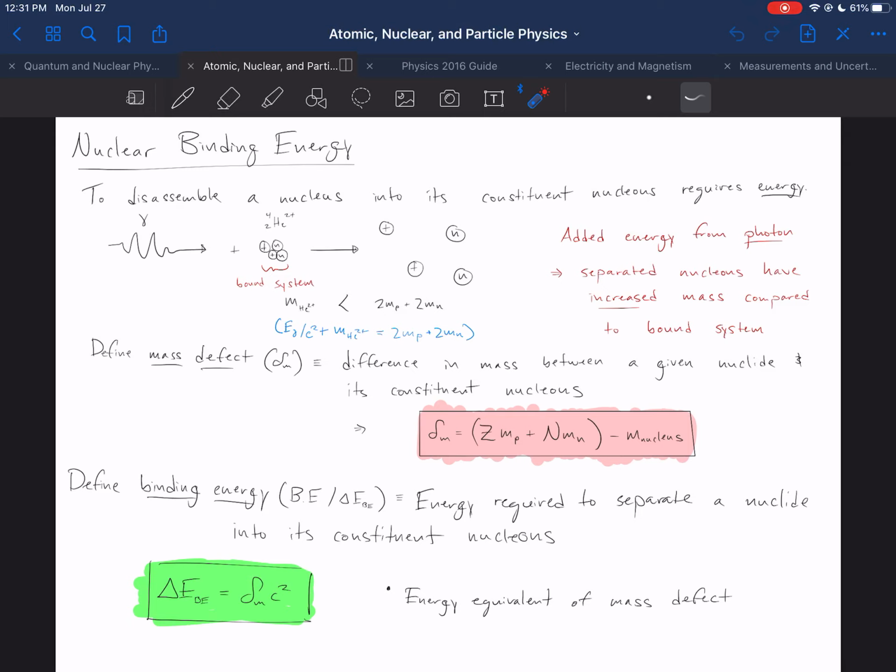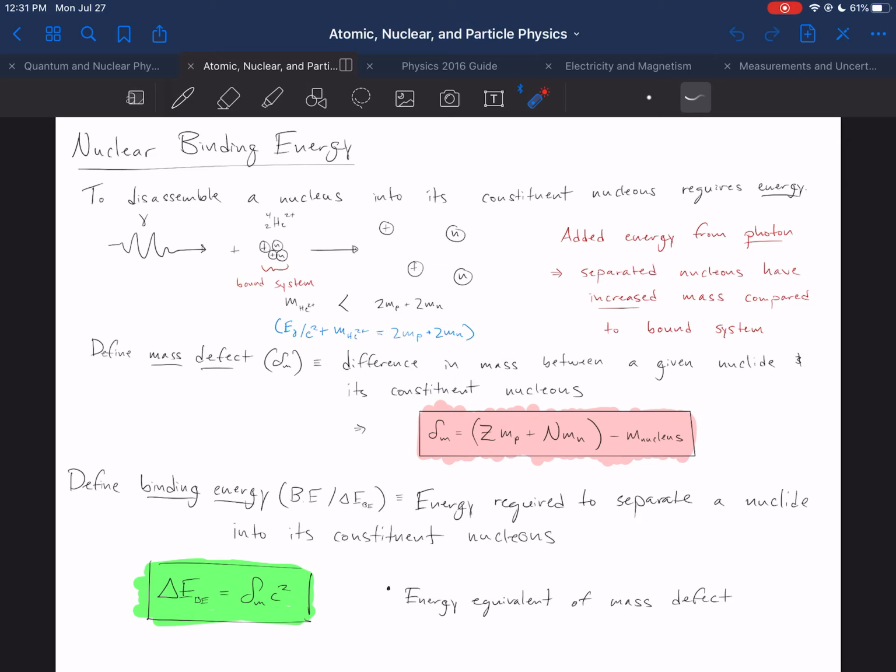Now, consider for a second the difference between the binding energy for a small nucleus like this helium shown here, and a large one, like iron, or even very, very large, like uranium. What is your instinct about how much energy it would take to separate a nuclide like iron 56, which is 56 protons and neutrons, compared to the energy it would take to completely separate a helium nucleus?